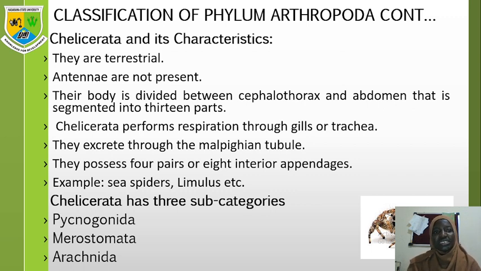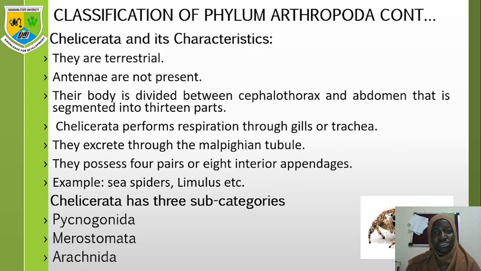The second class of this phylum Arthropoda is the Chelicerata. They are mostly terrestrial, that is, they live on land. Antennae are not present. The body is divided into the cephalothorax and abdomen, that is, segmented into 13 parts. Chelicerata perform respiration through gills or trachea. That is, some possess gills for respiration, and others have trachea, which is the organ used for respiration in mostly land forms.